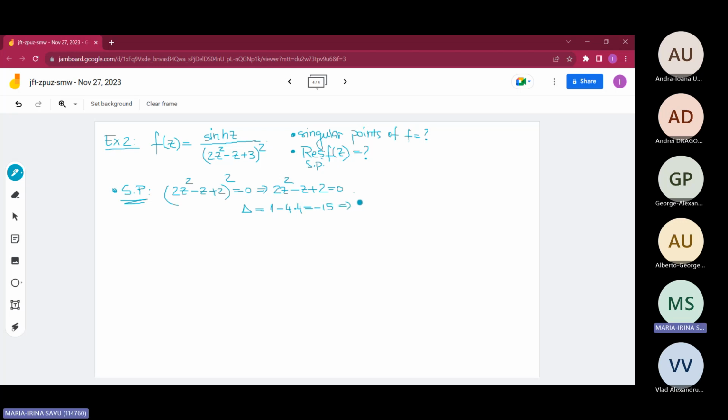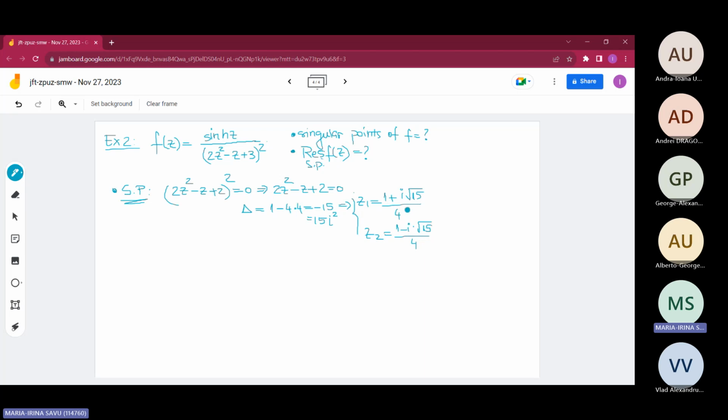And so z1 is minus b plus the square root of this one, but this one is actually 15 i squared, so it is i square root of 15 over 2a, which is 4 in this case. And z2 is 1 minus i times square root of 15 over 4.